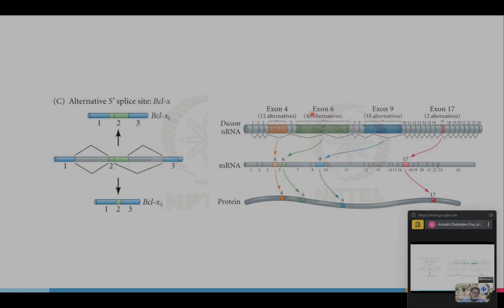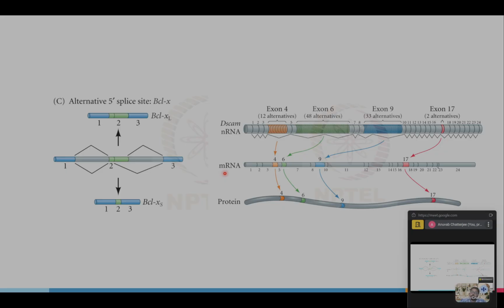And then similarly exon 6 has 48 different alternatives. Only one will be included, it will be chosen depending on the situation. As well as exon 9 has 33 different alternatives, and exon 17 has 2 alternatives. So depending on which one of these exon cassettes are chosen, you will have different variants.